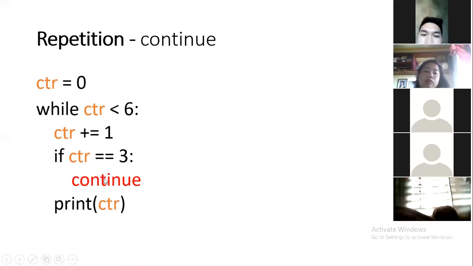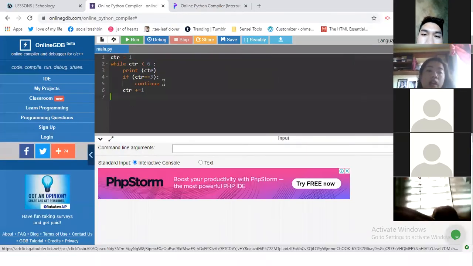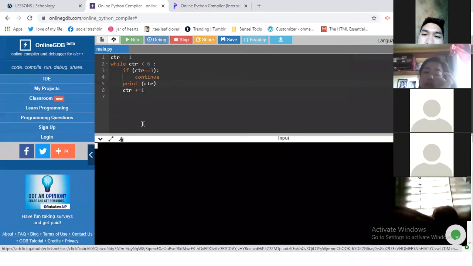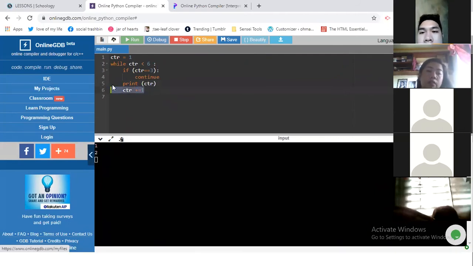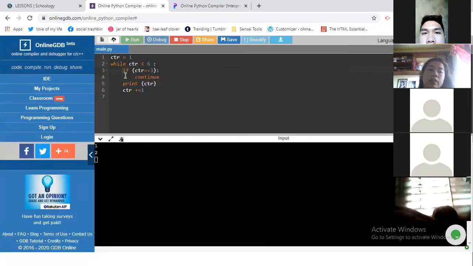Kailangan mauna yung condition. Ganun din na. Okay.